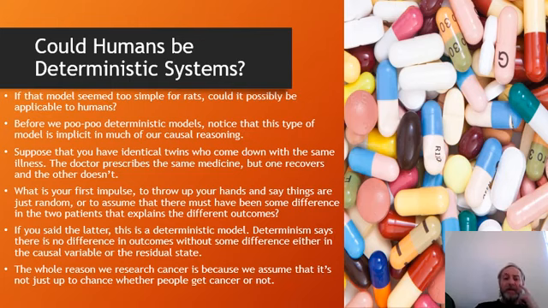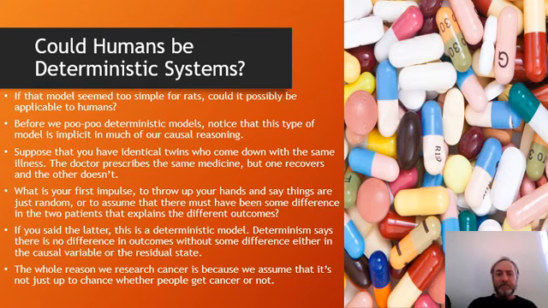But probably what you actually would think in that situation is, well, even though they're twins, there's some difference in the two, and there's some reason why one got better and one didn't. It wasn't just random. Probably you would explain it by some minor biological or chemical difference in the two.